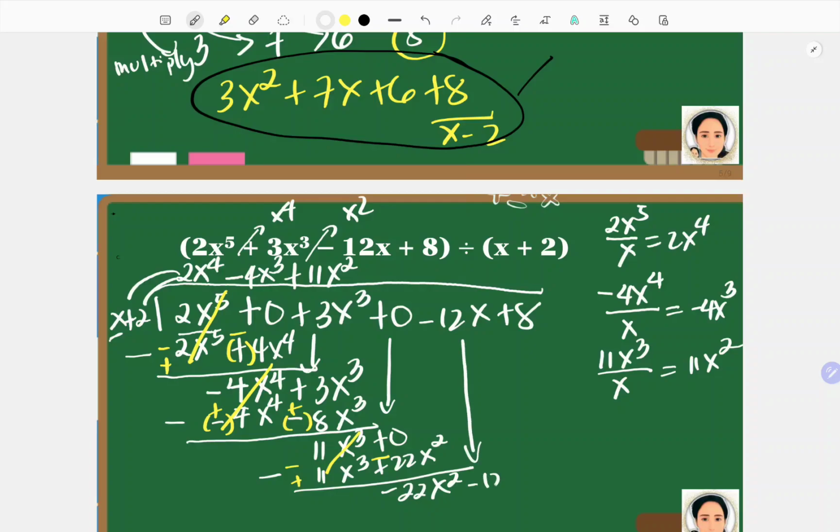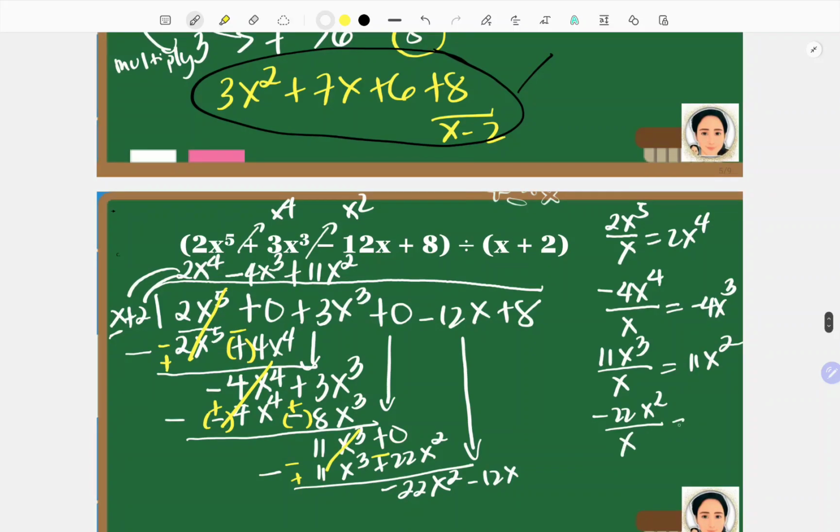We have negative 12x. So, divide again the first term of the dividend to the first term of the divisor. Negative 22x squared divided by x. And your answer is positive divided by negative, or wrong. Negative divided by positive, you have negative 22x.